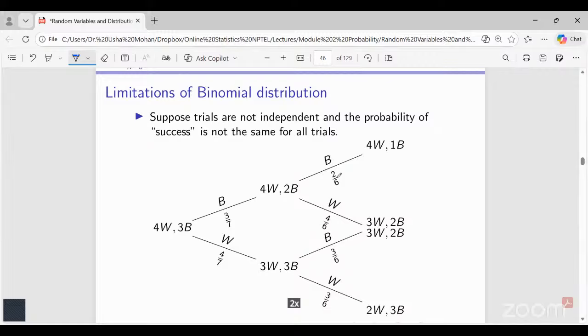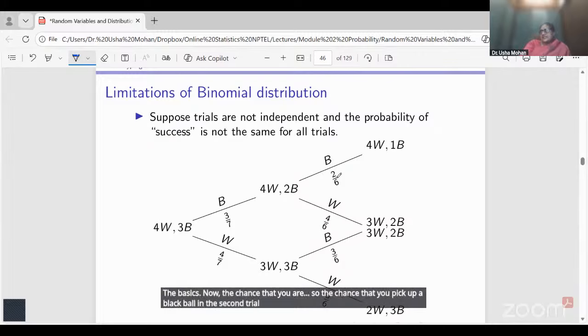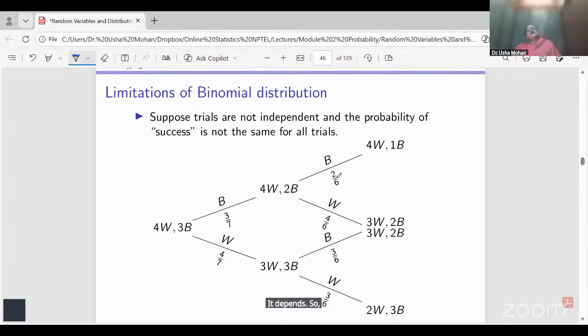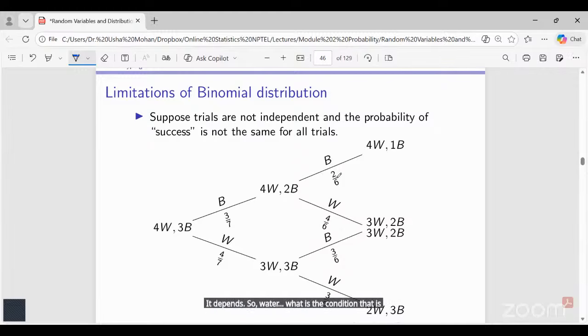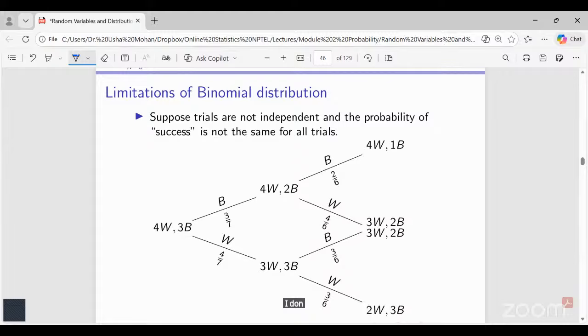So the chance that you pick up a black ball in the second trial, does it depend on the outcome of your first trial? Yes, it depends. So what is the condition that is violated from a binomial experiment here? It is not independent. It is not identical. Is it clear?